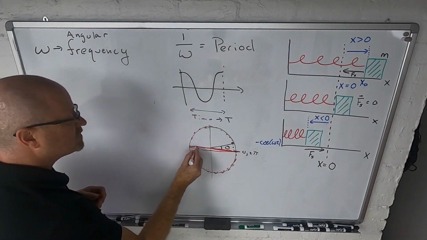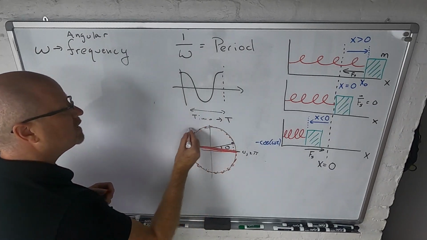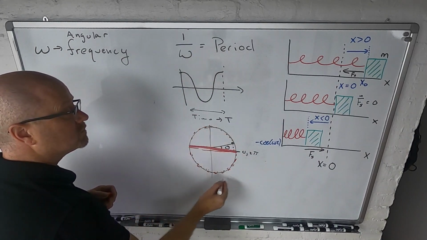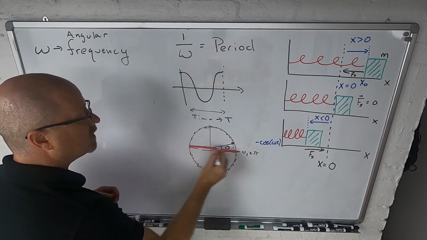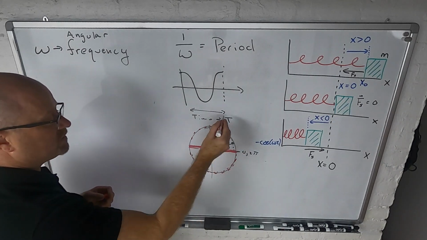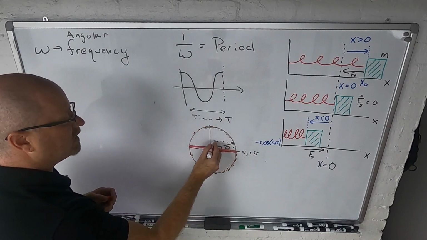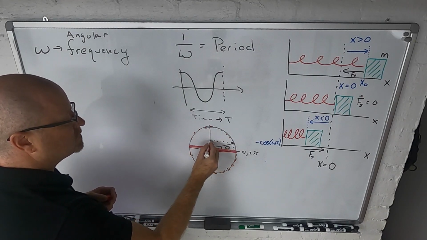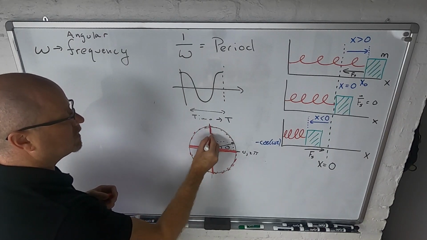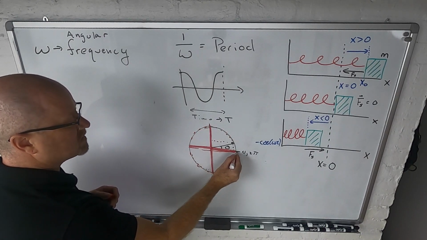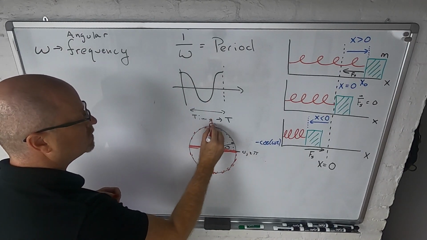My value of the sine or the cosine is just going to oscillate back and forth as I go from 0 to 2 pi as my angle changes. The value of the cosine oscillates back and forth and back and forth. Same with the sine. It oscillates up and down along this axis, right? So my sine is over here. And as it goes up and down and up and down, sine starts at 0 when I'm at 0 or 2 pi. Cosine starts at 1 when I'm on a unit circle.